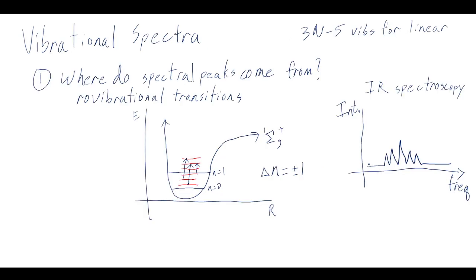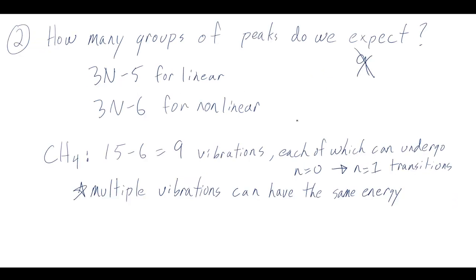And remember, the peaks where they are in a spectrum is proportional to frequency or the energy. So if multiple vibrations have the same exact energy, then the transitions are going to be the same, and they're going to be at the exact same place in the IR spectrum.